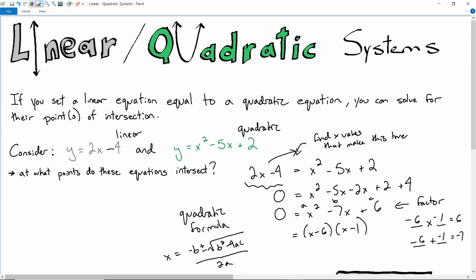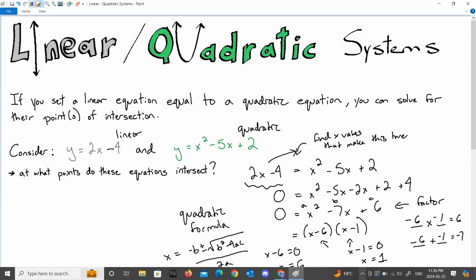And then if I want to solve for my x values, I just need to set each of these brackets to 0. So if I do x minus 6 equals 0, I get one value of x equals 6. And if I do x minus 1 equals 0, I get x equals 1.